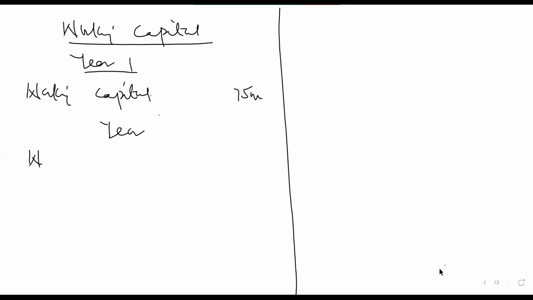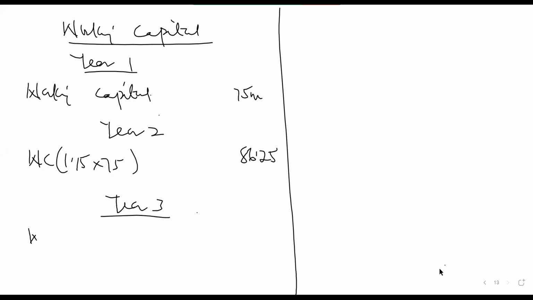Year 2, the working capital will be 1.15 times 75. Am I correct? Yes. What are we getting? It is 86.25. What will be year 3? We are going to increase this by 15%.